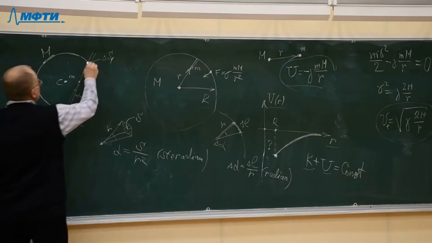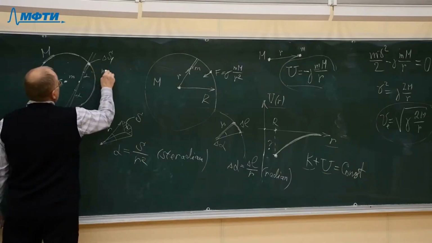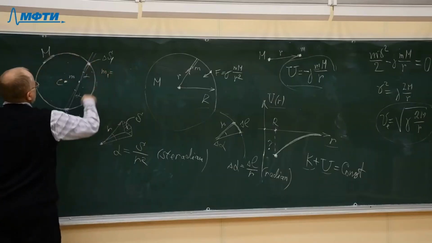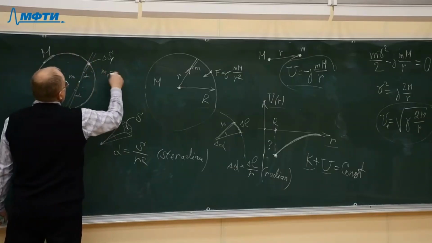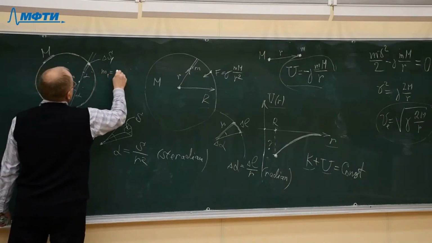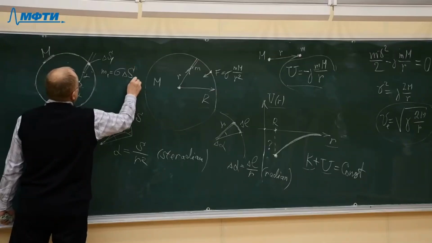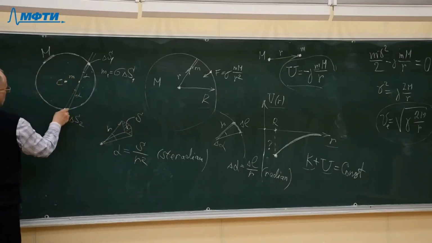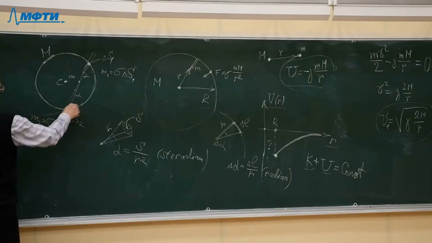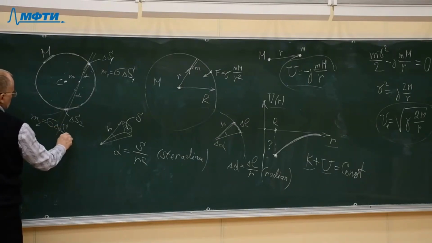The mass of this part of the surface of the sphere, m1, equals the surface density, let it be sigma, times the area. And the mass of this part will be, again, the surface density of the material times its area.